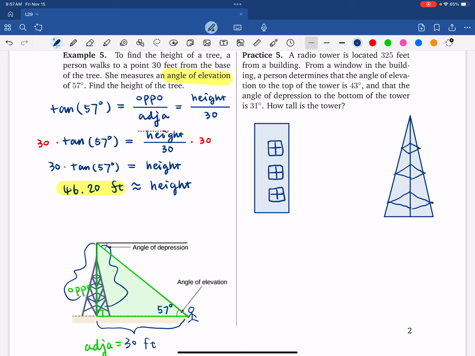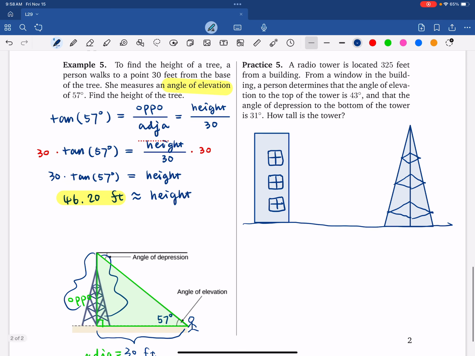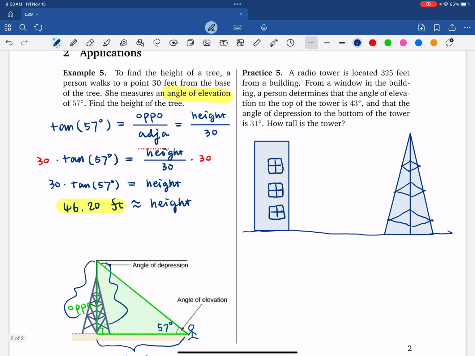Okay, once you have the tower, we can actually draw the rest. So we have the ground. This is basically the ground. And let's see where you are. The radio tower is located 325 feet away from the building. Usually if you have a graph like this, I just use where you stand in the building and the center of the tower to define the distance.